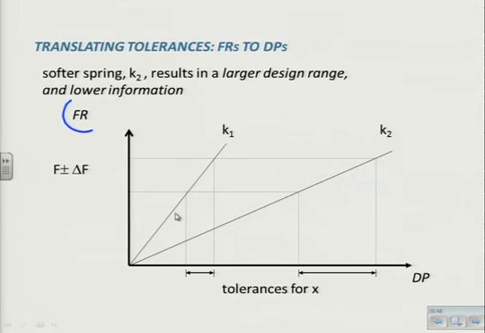Let's take a look at this graphically. We can put the FR on the vertical axis and the dP on the horizontal axis. Then we can take a look at the relationship between them, which is characterized by K1 and K2. The stiff spring is K1, with a steeper slope here. That's what the K talks about.